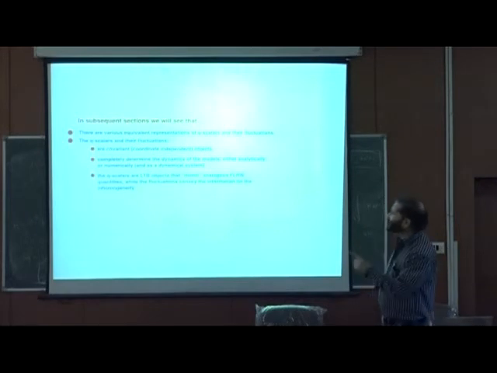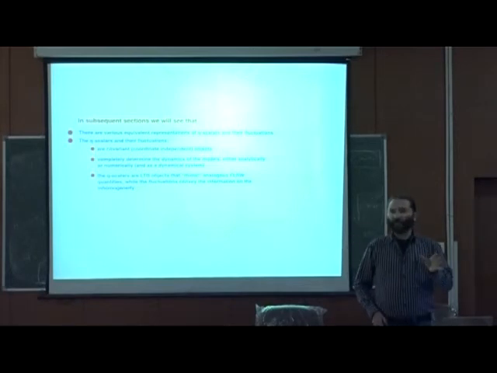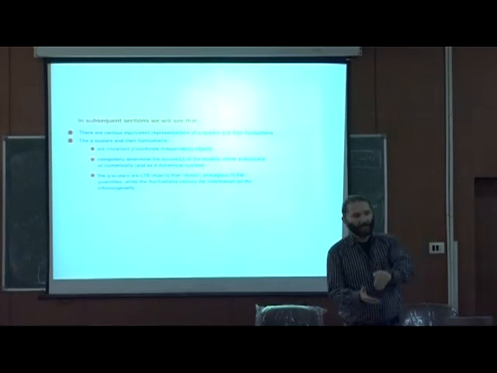The Q scalars are LTB objects that mimic analogous FLRW quantities, while the fluctuations convey the information on the inhomogeneity. Therefore, they are analogous to perturbations, but they are exact quantities. When do they reduce to perturbations? If we go to the linear limit.